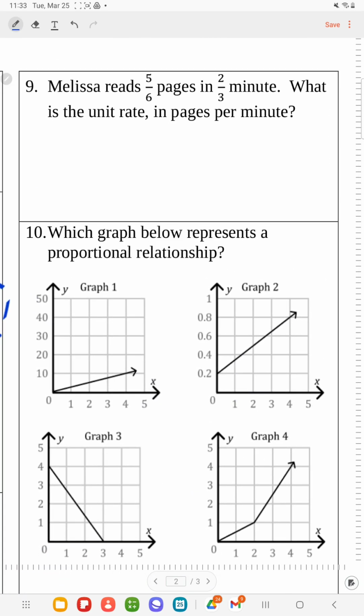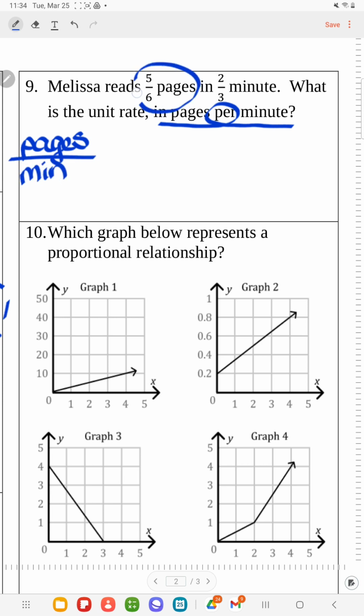Melissa reads 5/6 pages in 2/3 of a minute. What is the unit rate in pages per minute? So we want it written like this, pages per minute. So my plan is to put the pages over the minutes. And pages 5/6 over 2/3.